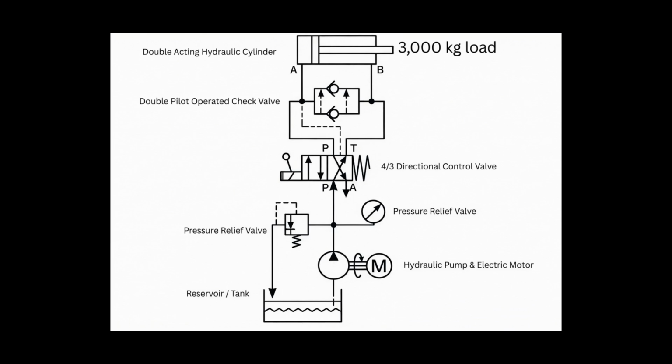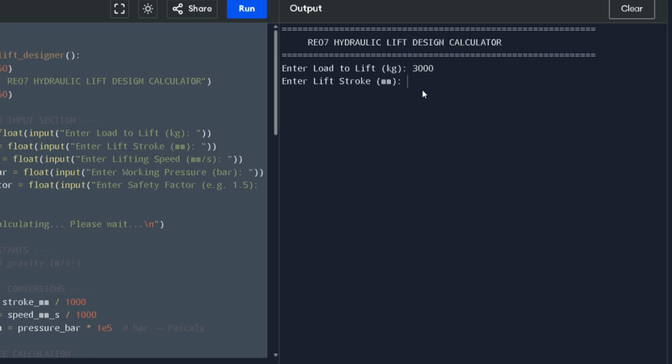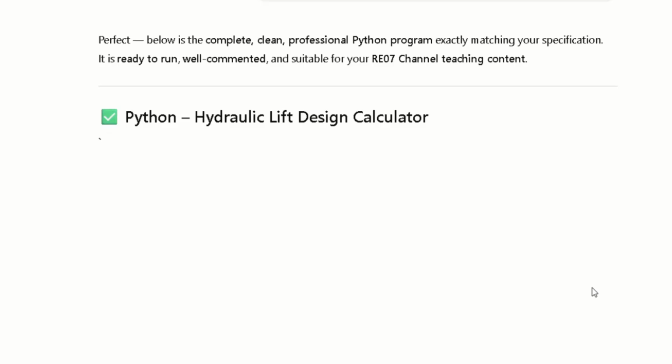These calculations are the same steps used by professional hydraulic engineers when designing industrial lifting machines, elevators, presses, and heavy load platforms. So if you are a mechanical engineer, automation student, or anyone interested in hydraulic design, this lesson is for you. Let's begin. Understanding the design objective.